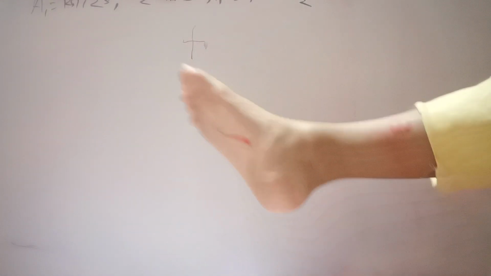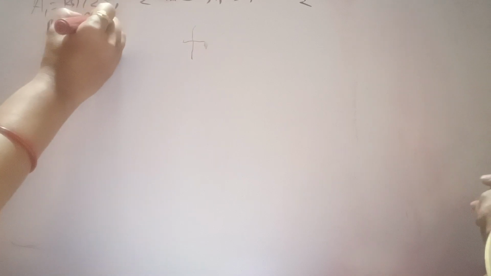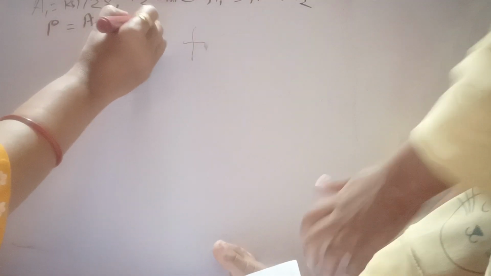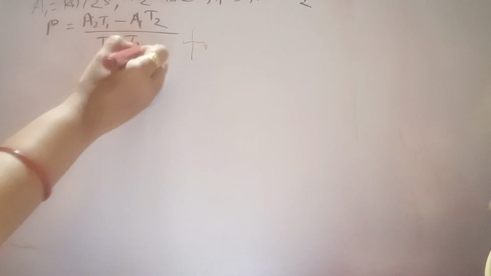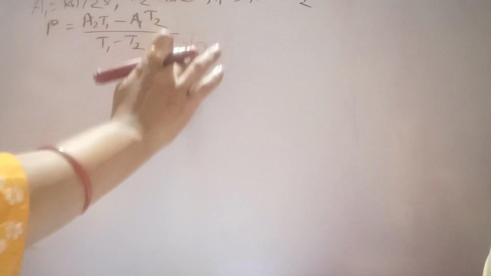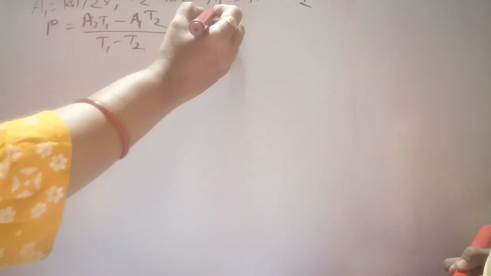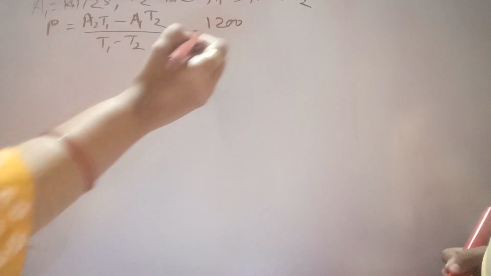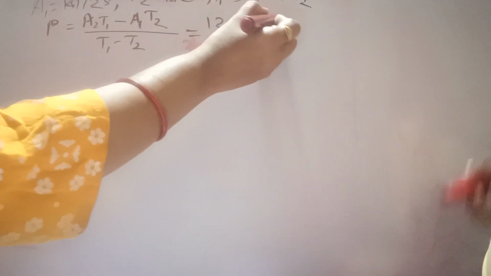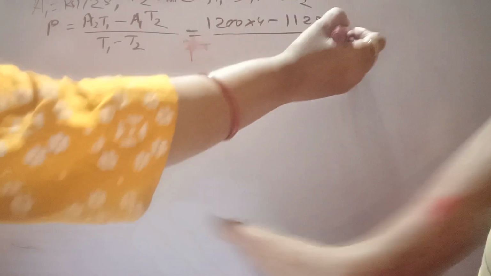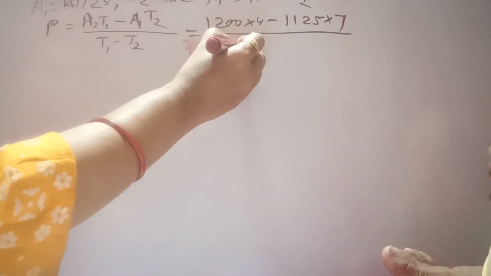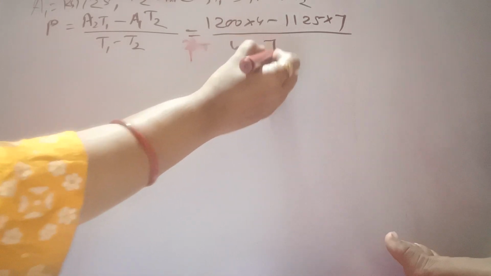So we have to find out P according to the formula. P equals (A2 T1 minus A1 T2) divided by (T1 minus T2), equals (1200 into 4 minus 1125 into 7) divided by (T1 is 4 minus 7).